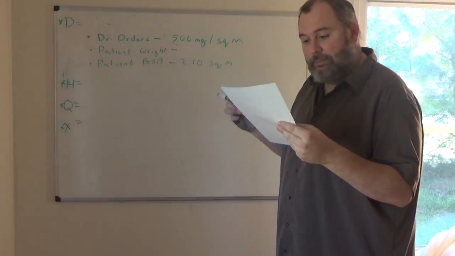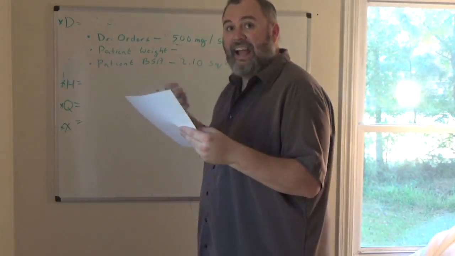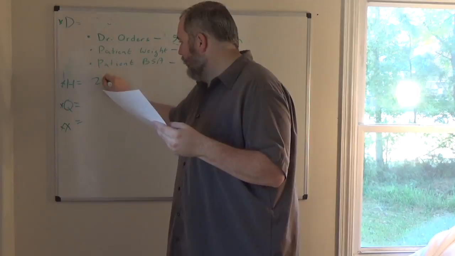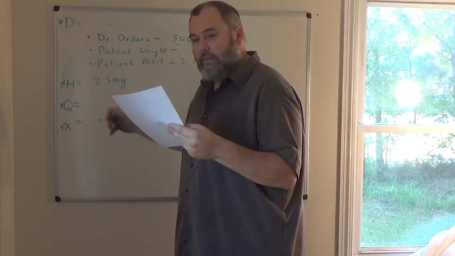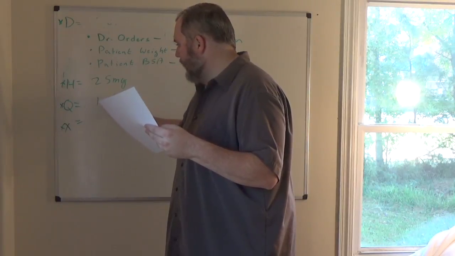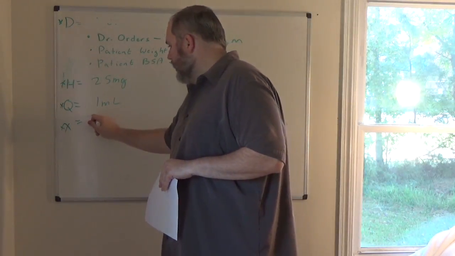The medication supplied is 25 milligrams per milliliter, so that's my H and my Q, 25 milligrams, because that's my strength of my active ingredient per 1 mL. How many mLs do I need to administer?